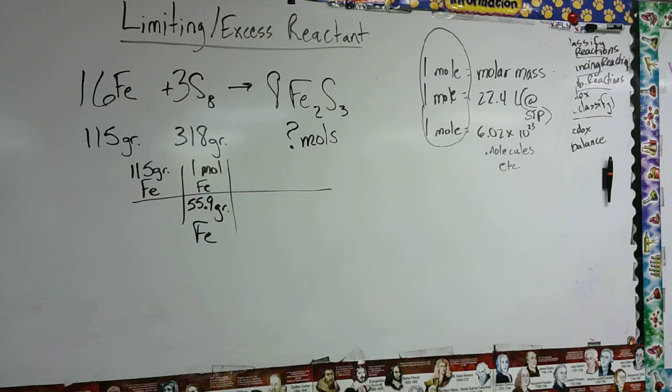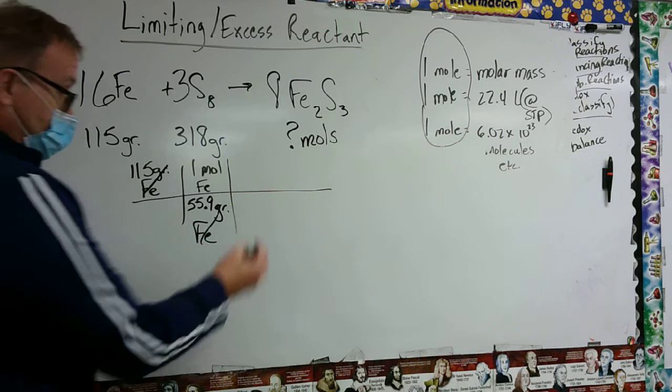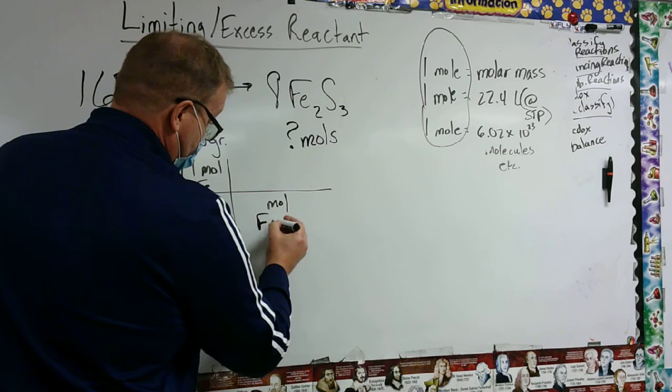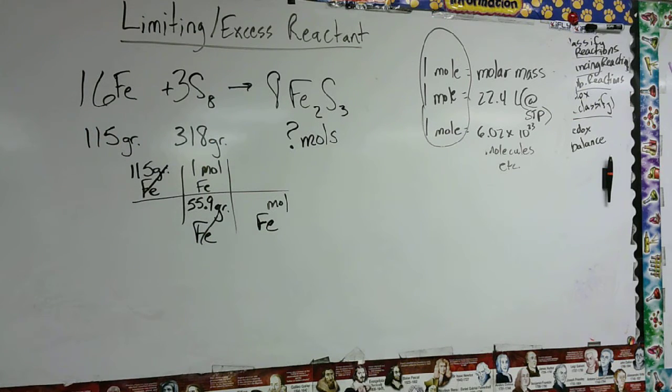We keep going. Same process. How do I cancel that one at the top? Mole, bottom. So it's kind of like using algebra again. You just have to practice it. What happens when I see mole on the bottom for the very first time?